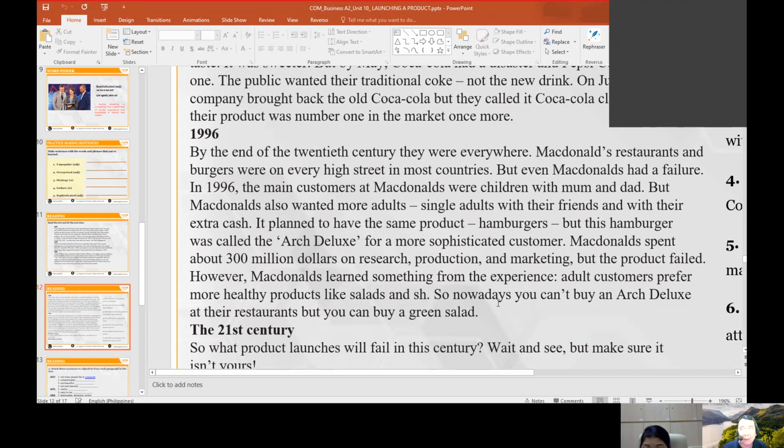Because their target customers would be adults, and of course adults don't want to eat a lot of burgers, right? Because those burgers have a lot of cheese, and it's not good for the health, right? Correct. So they failed.